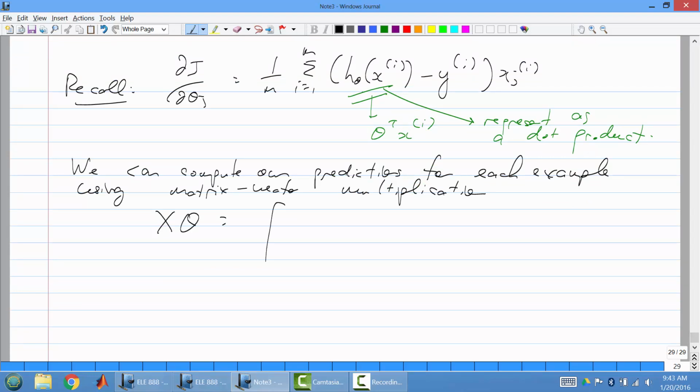So in this case, you can represent each of these as a row of examples. So this would be x1. And then I need to transpose this because, actually, no, it's okay. This is fine.